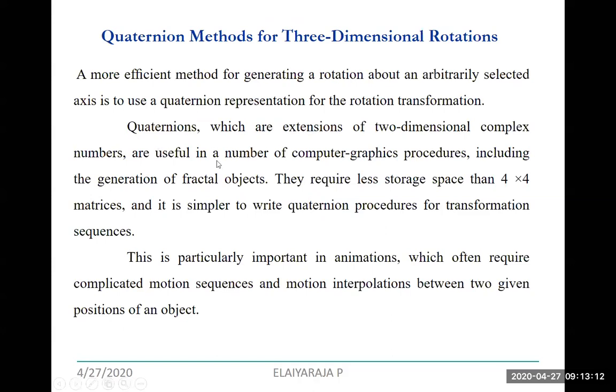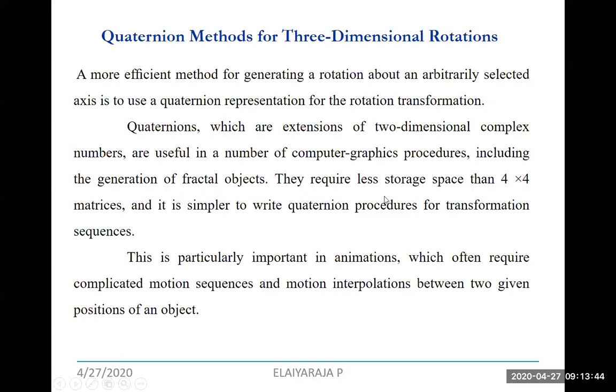A more efficient method for generating rotation about an arbitrarily selected axis is to use a quaternion representation for the rotation transformations. Quaternions, which are an extension of two-dimensional complex numbers, are useful in a number of computer graphics procedures, including the generation of fractal objects.